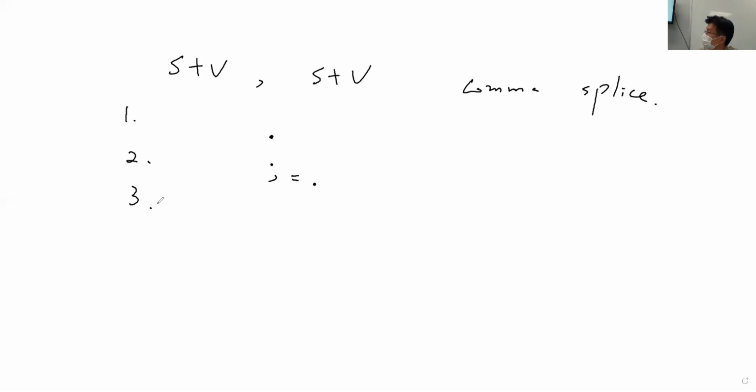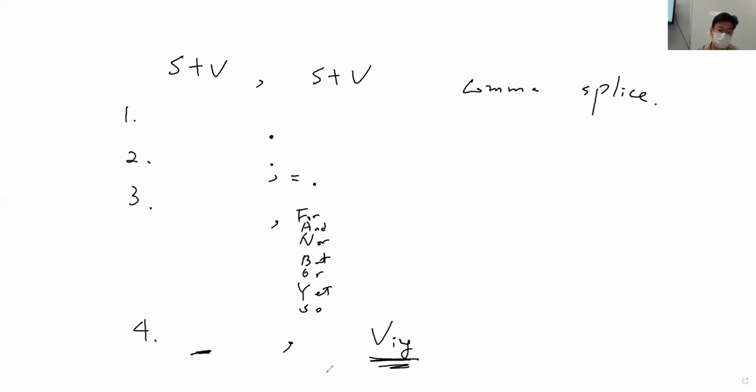Number three, if you want to keep the comma, you have to put a FANBOYS conjunction, which is for, and, nor, but, or, yet, so. And number four, if you also want to keep the comma, then you have to put ing on the verb here or in the beginning, because you want to change that to a phrase instead of a clause. That's why C is the answer.